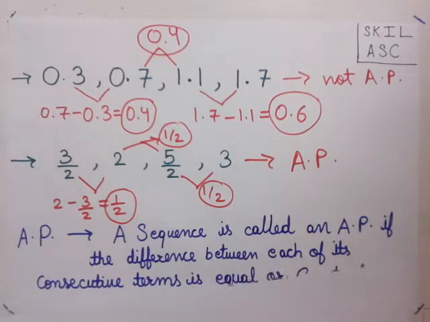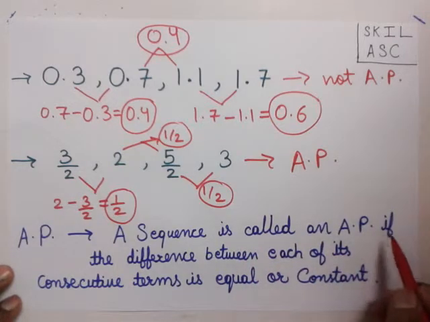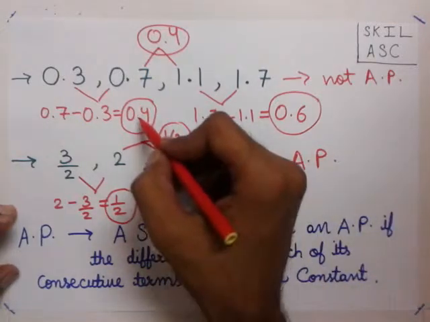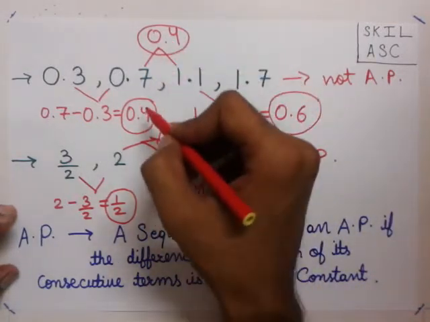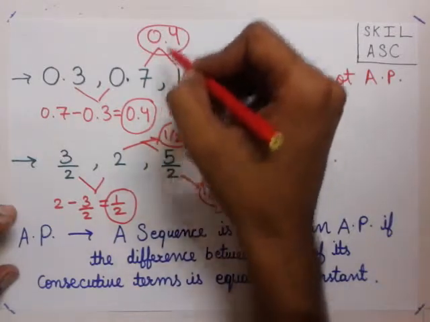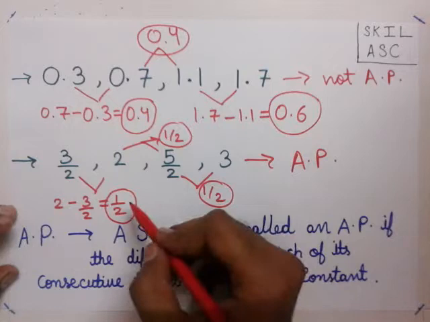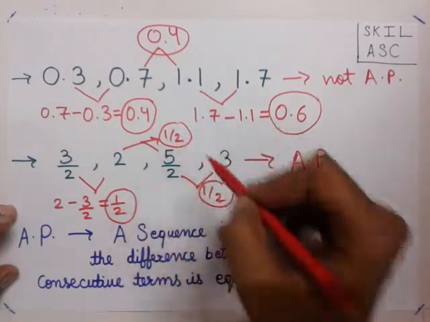Now, according to the examples we have studied above, we can form a definition of AP, which is stated as: a sequence is called an AP if the difference between each of its consecutive terms is equal or constant. You see, we found the differences 0.4, 0.4 and 0.6 in one sequence, and in another the differences were half, half and half.